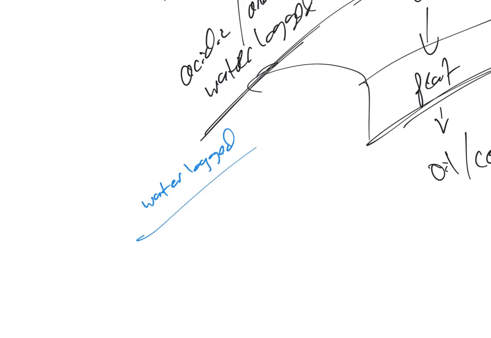What does waterlogged mean? Think of a swamp. There's too much water in the soil. So if it's acidic and it's waterlogged, this leads to peat formation. Peat formation will eventually lead to oil and coal. Okay, this covers 4.3 in a nutshell.